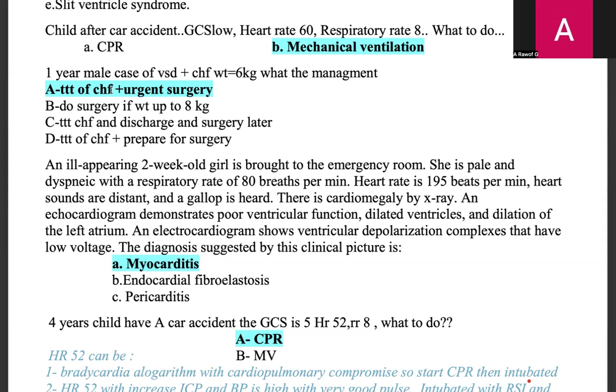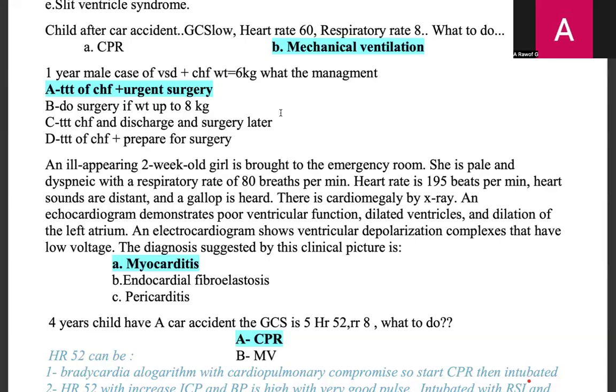What's the management? So congestive heart failure, what do we do? Treatment of congestive failure and urgent surgery. Yes. One-year male case of VSD and congestive heart failure, weight 6 kg.